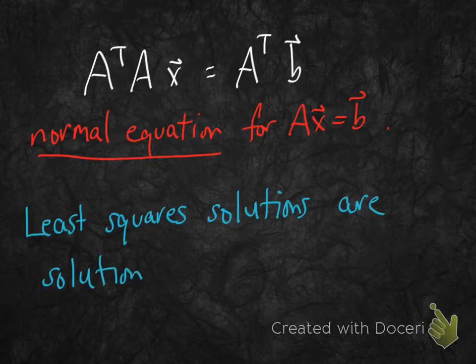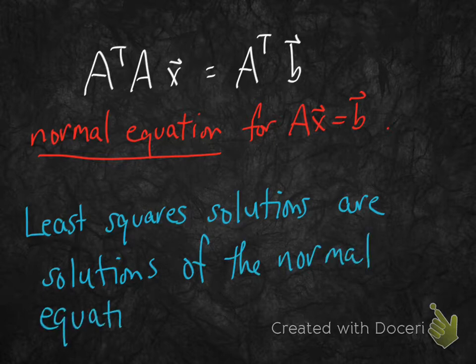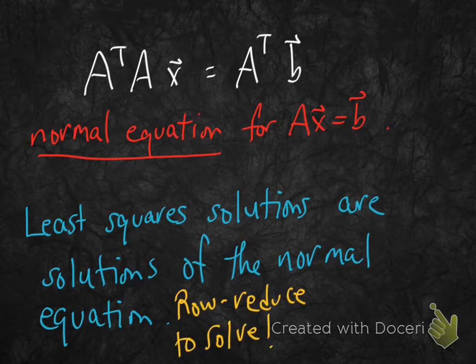What that means for us is if we ever want to find a least squares solution to Ax equals b, we're going to just solve the normal equation A transpose A x equals A transpose b. What does that mean? Well, we multiply A transpose and A together to get some coefficient matrix. We multiply A transpose and b together to get some vector. We set up the augmented matrix for the normal equation, and then we can row reduce to solve.